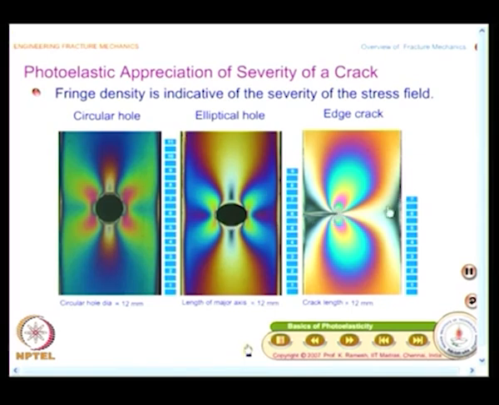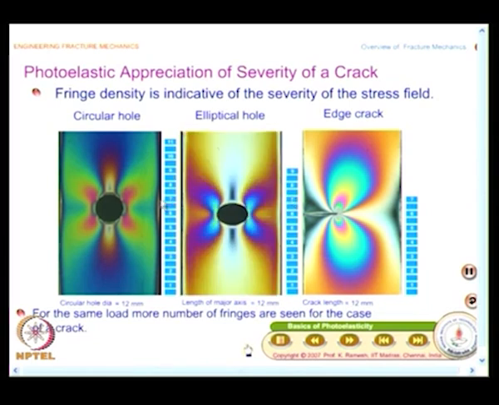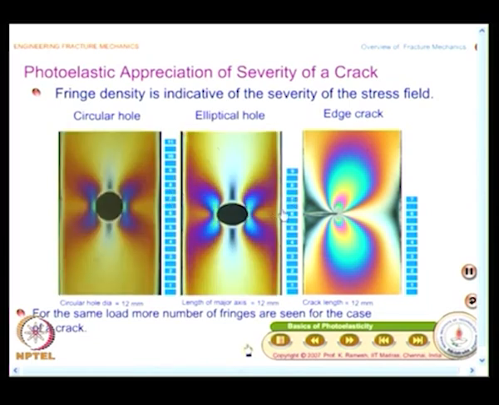If I maintain the load as the same in the plate with a circular hole as well as in the elliptical hole, the mere comparison shows the number of fringes you come across in a crack is much higher than what you see in an elliptical hole or a circular hole.